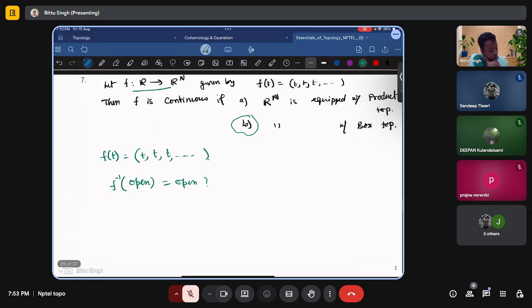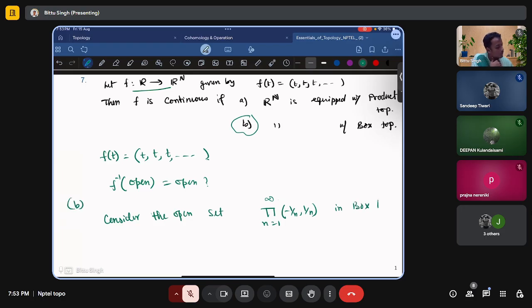Consider the open set, the product of minus 1 by n comma 1 by n. This is open in box topology. I am first solving the second problem.